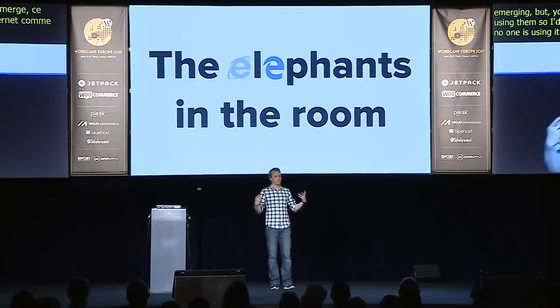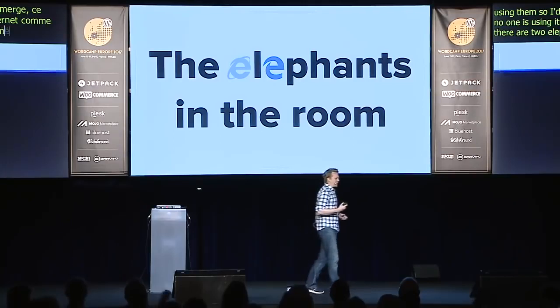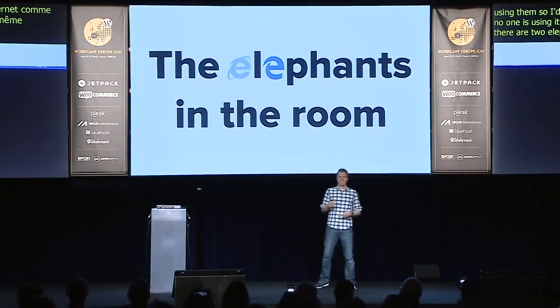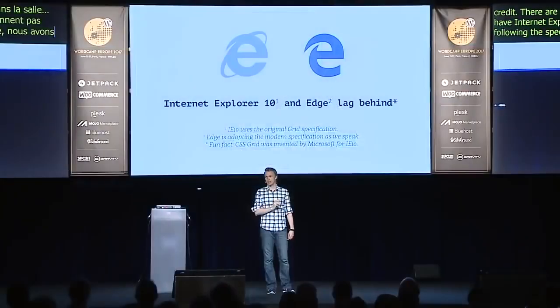But there are two elephants in the room, right? There are always these things that don't work the way we want them to. So we have Internet Explorer 10 and 11, and we have Edge, which are not currently following the spec exactly. Point of order, if it wasn't for Internet Explorer 10, we wouldn't have CSS Grid.